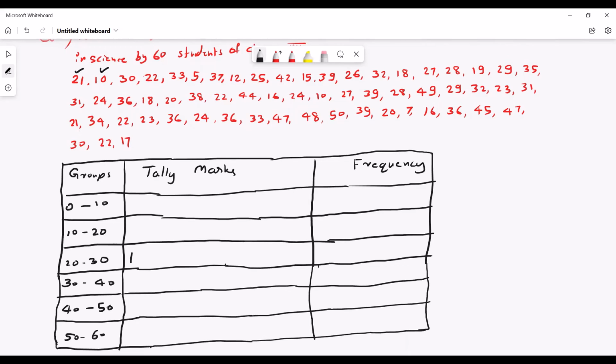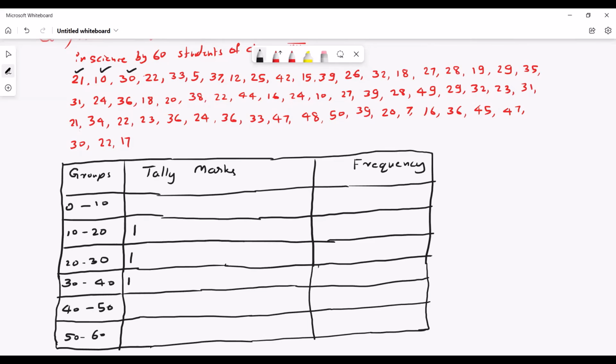Now next is 10. So 10 is coming in two groups, isn't it? First group as well as second group. In the second problem, we have already told that it will come in the second group only. And next is 30, where will the 30 come? Here also, it will be in the third as well as the fourth.